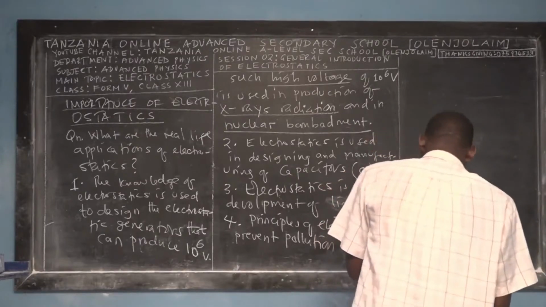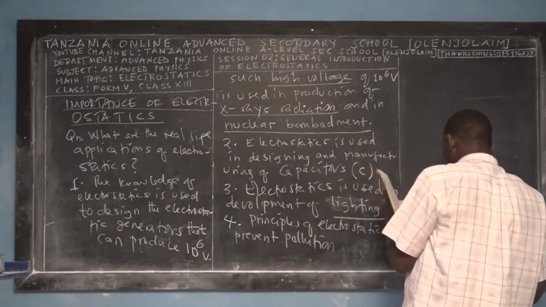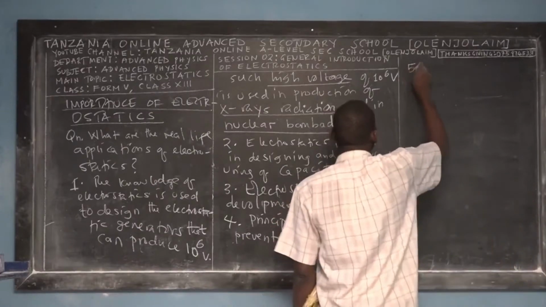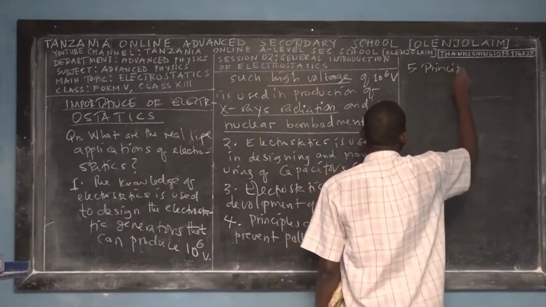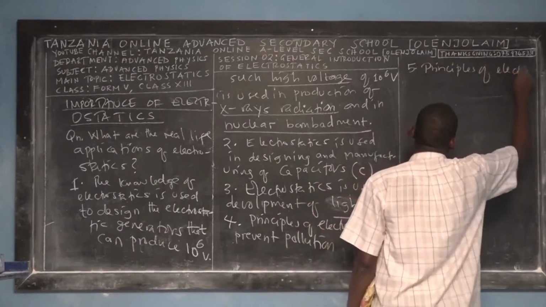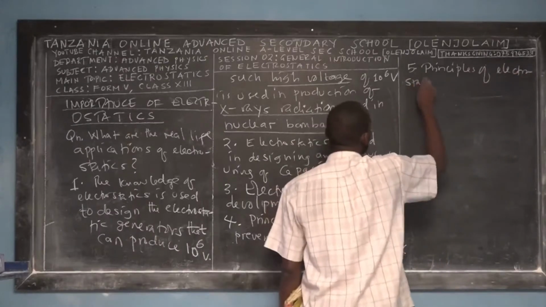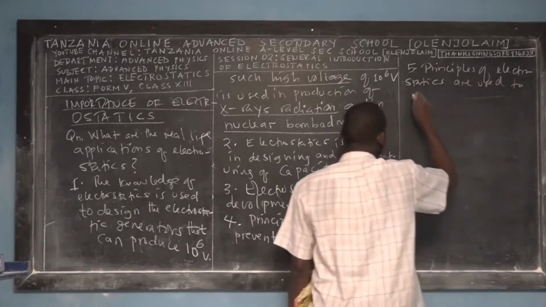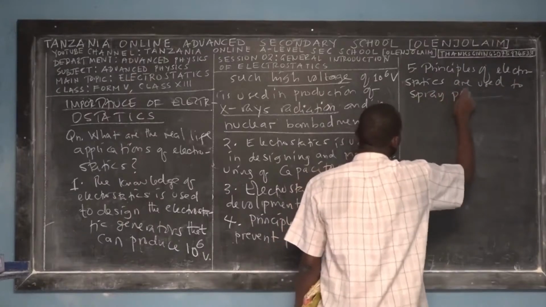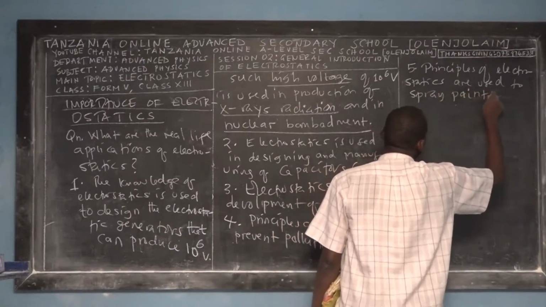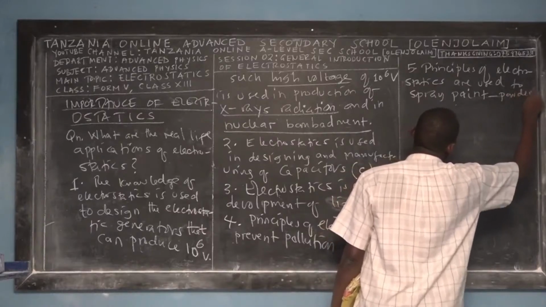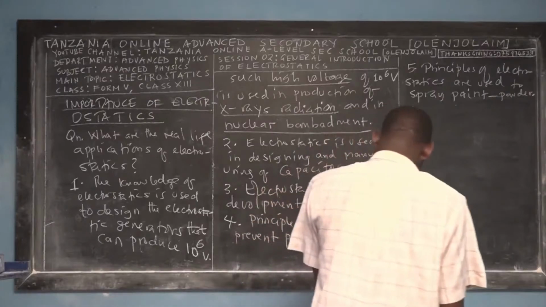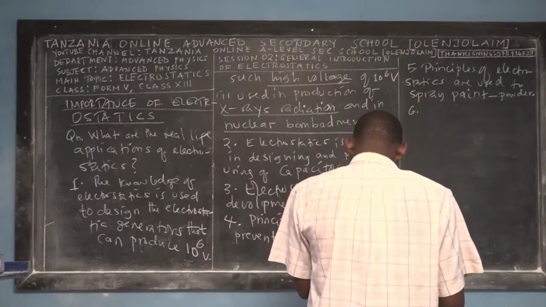And then the fifth, say principles of electrostatics are used to spray paints powder.